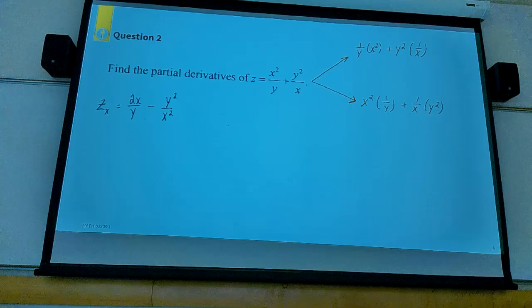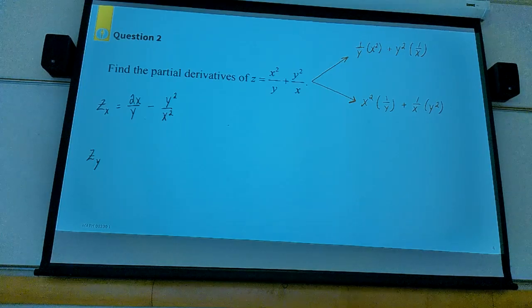Again, if I just rewrite z to make it more explicit. Partial of z with respect to y. Now we treat the x as a constant. That means x squared is constant.